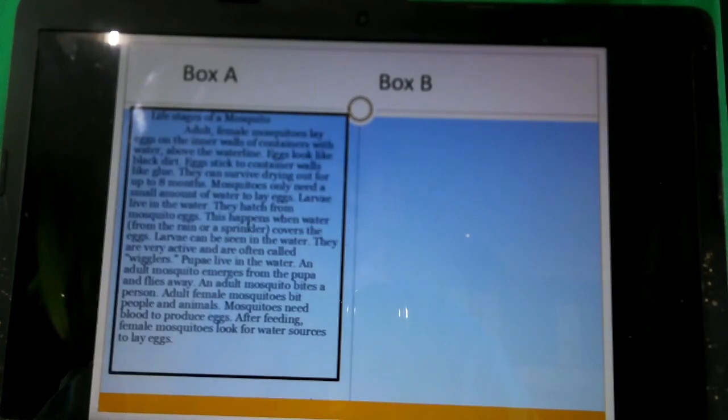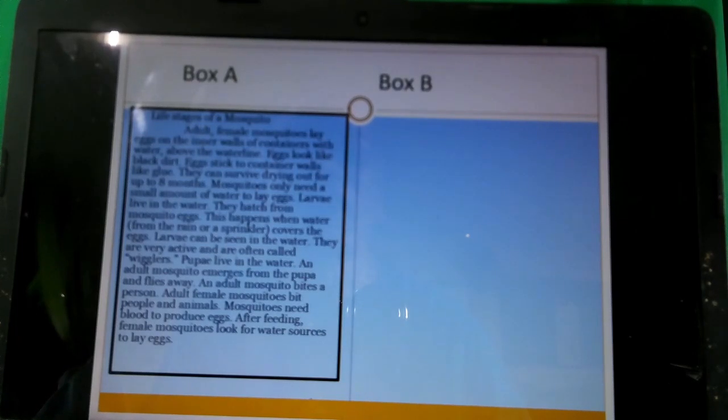Okay, we have the life stages of a mosquito. Adult female mosquitoes lay eggs on the inner walls of containers with water above the water line. Eggs look like black dirt. Eggs stick to container walls like glue.